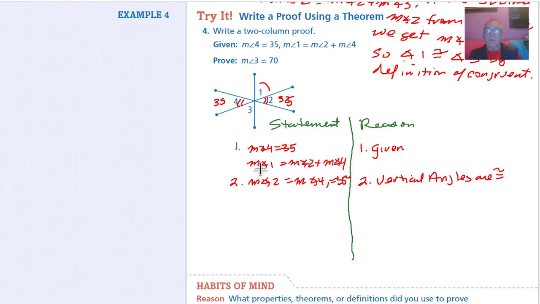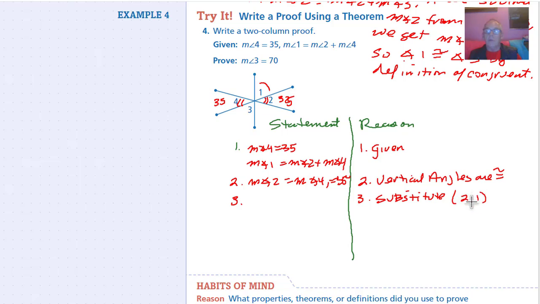So if we go to this second step here in number 1, measure angle 1 is equal to measure angle 2 plus measure angle 4. Now we're going to substitute 35 for the measure of angle 4, and we're going to substitute 35 for the measure of angle 2. So step 3, we're going to substitute from 2 into 1.